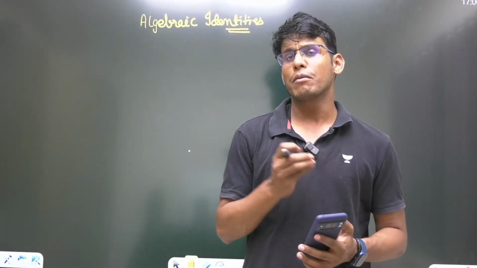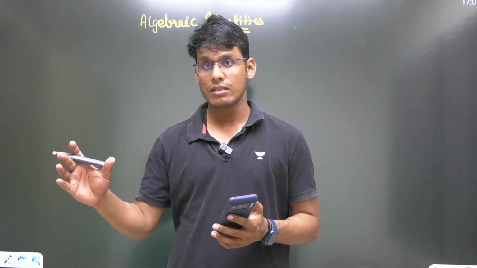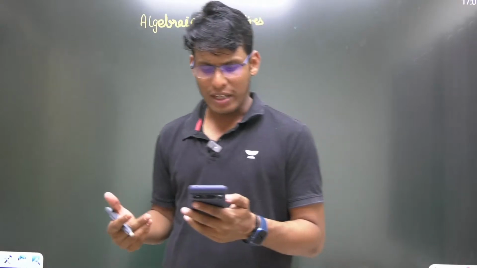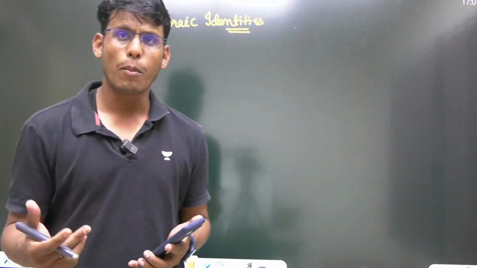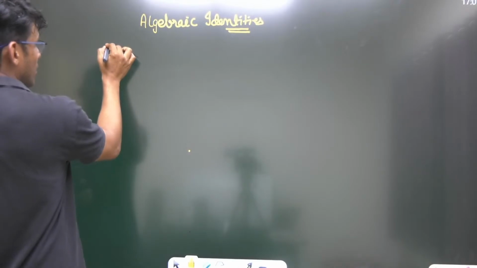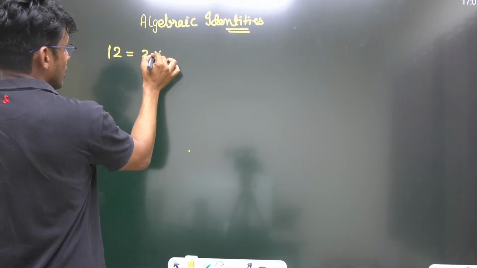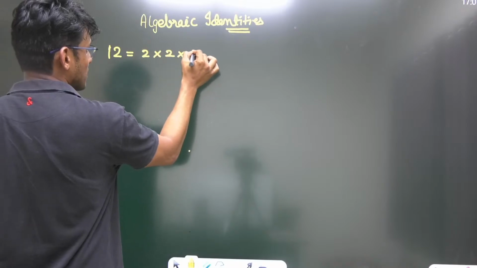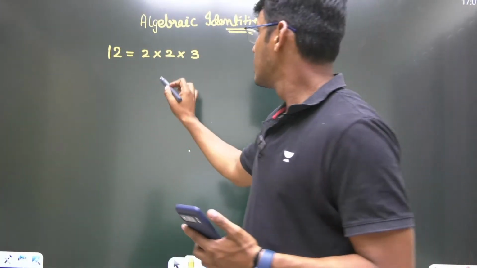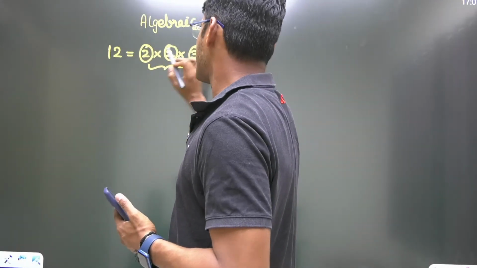So basically, algebraic identities are used to factorize expressions. What do I mean by factorization? Very simple thing. When you have a whole number and you factorize it as much as possible, you do not write 1 here. This is the smallest possible factorization.